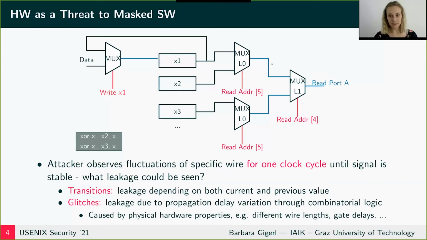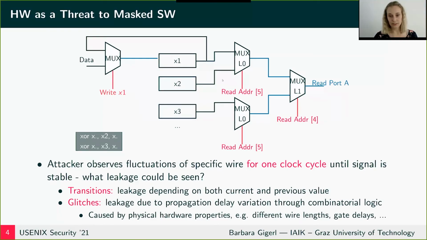So this multiplexer will then switch to x1 because of the address bit. And then we have a transition from x2 to x1 on this wire. And if x2 and x1 are shares, we have a transition from one share to another. And we actually have a leak in our design. And the same thing happens for the write data.